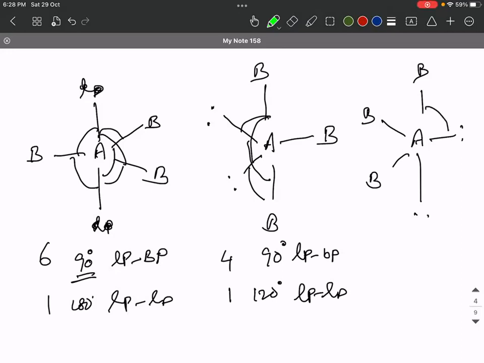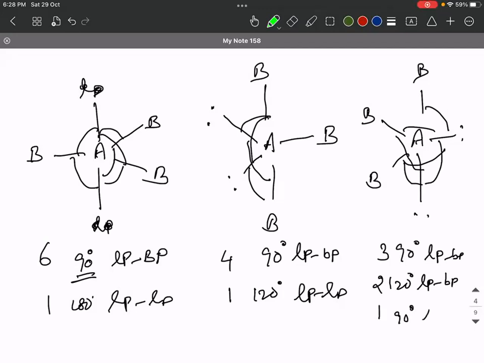Coming over here, 1, 2, 3: so 3 90-degree lone pair-bond pair repulsions, and 1, 2 120-degree lone pair-bond pair repulsions, and 1 90-degree lone pair repulsion. Among these three, which has more lone pair repulsion?